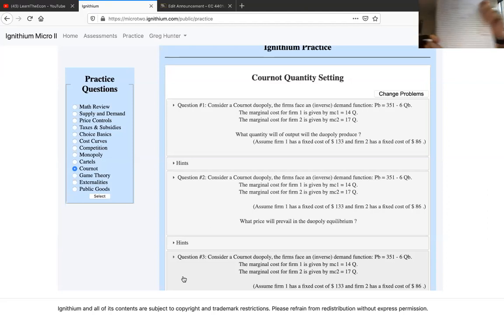Okay, Greg, you see my little illustration? Yes. So we have the original demand function, and what this equation says is you're just shifting demand down for firm one. His residual demand is going to be identical. It's just going to be shifted down by the amount of demand that's taken by firm two, right? Yeah, that makes sense.